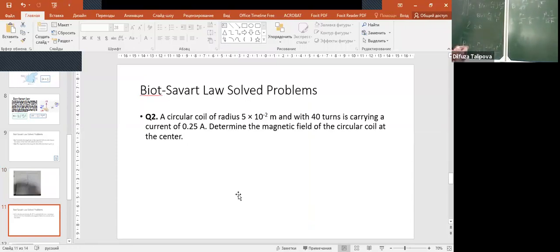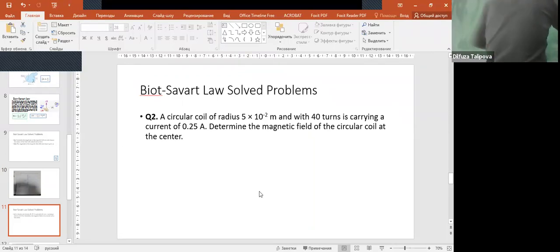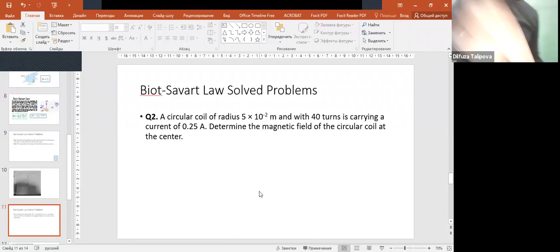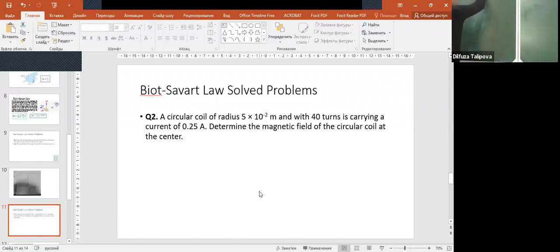Question number 2. A circular coil of radius 5 multiplied by 10 to the minus 2 meters and with 40 turns is carrying a current of 0.25 amps.